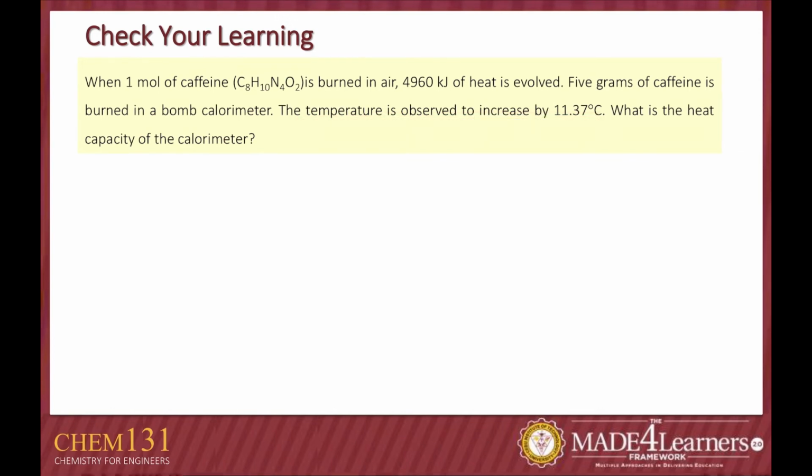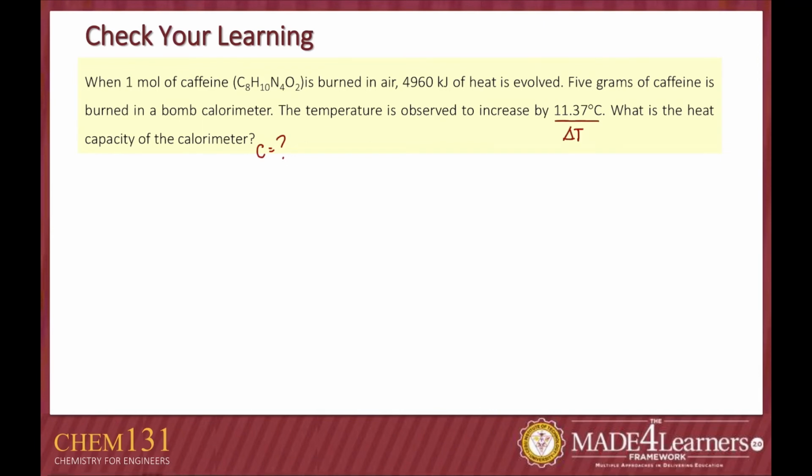So this time, ang atong gipangita, heat capacity, C. Pila na siya. So, it didn't mention anything about the bomb or the water, wala gi-separate. So, meaning we're talking about here about the total heat capacity of the calorimeter. We are given a change in temperature of 11.37 degrees Celsius.